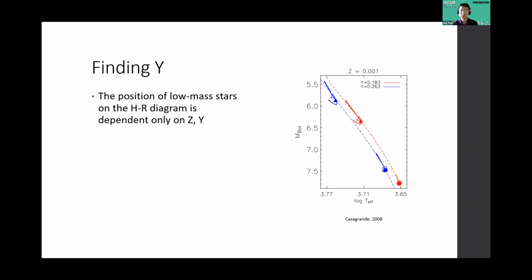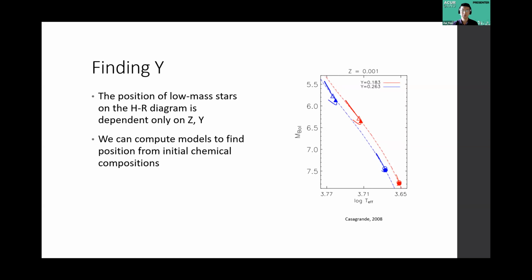And so we can compute models for this and plot them on the HR diagram as shown in the figure here. And so the dotted lines represent stars of the same chemical composition, and as we increase helium, stars shift essentially directly horizontally, become hotter.